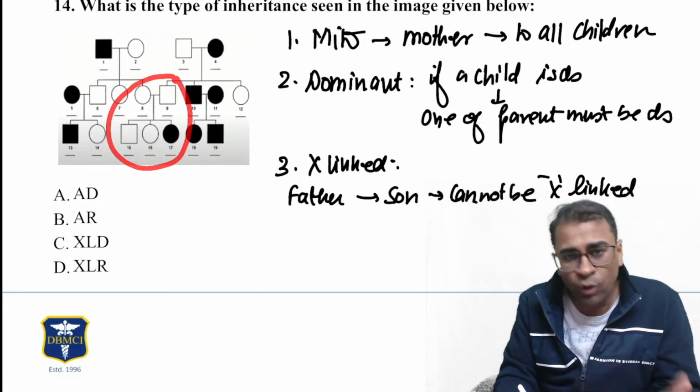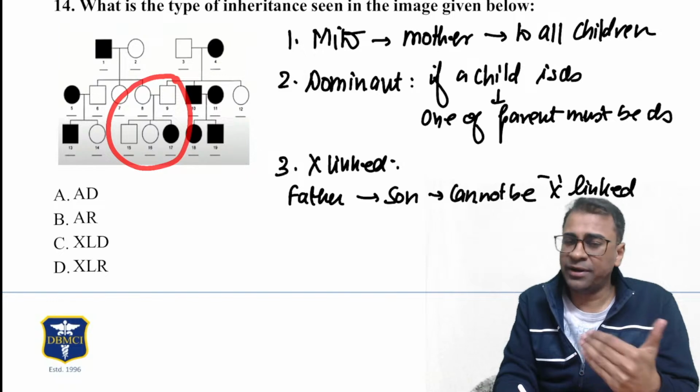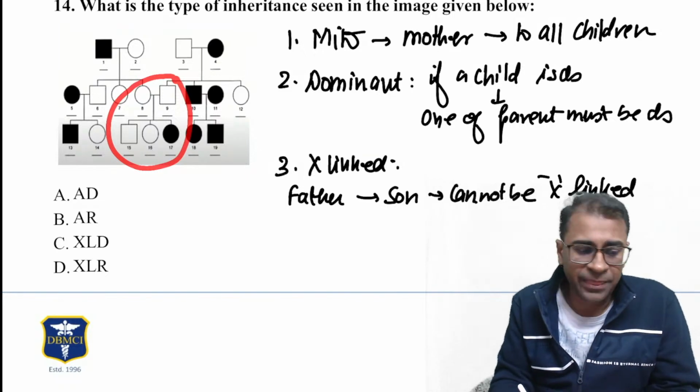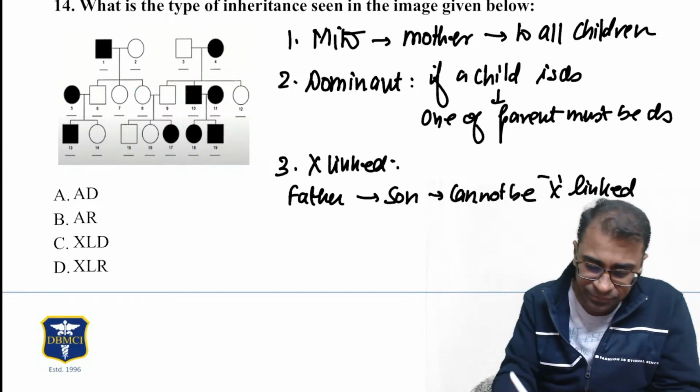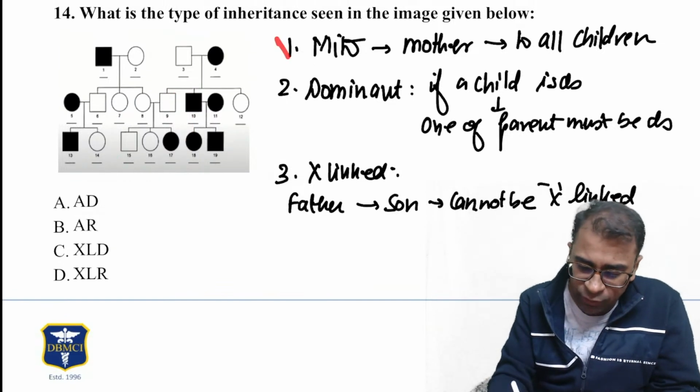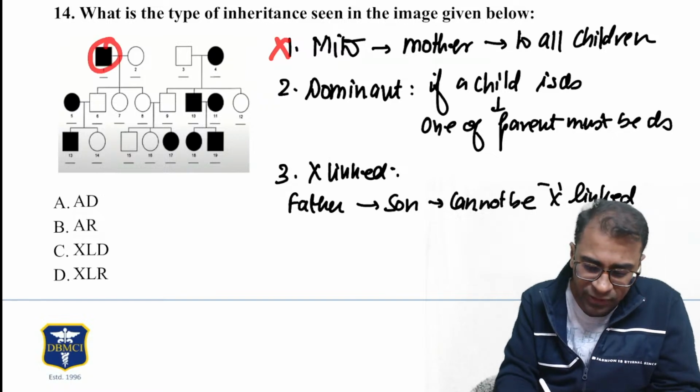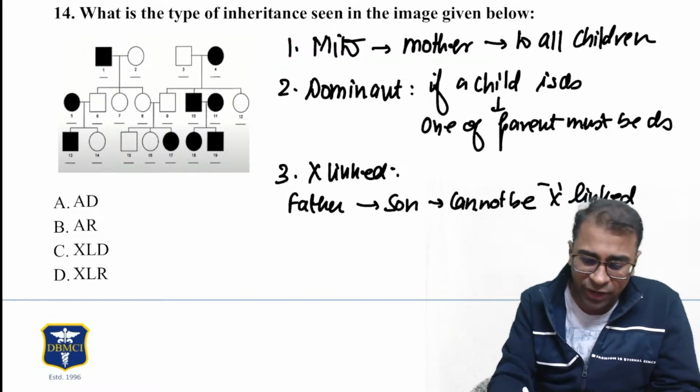So we cannot say it is surely a dominant condition. It can be recessive. This cannot be mitochondrial. Why not? Because the father is transmitting.